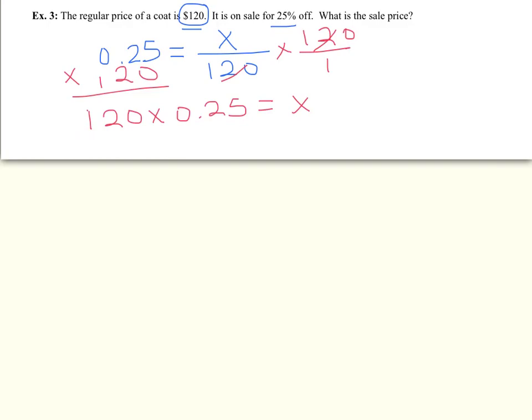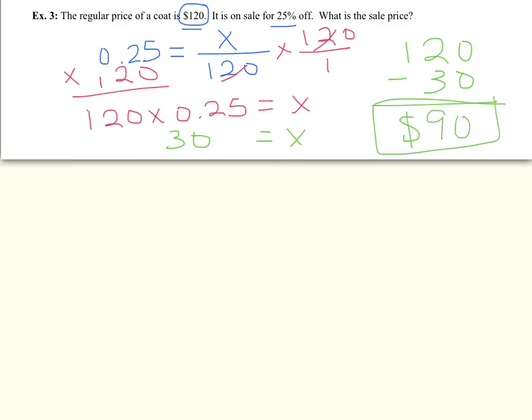So after I do that multiplying, 120 times my percent as a decimal, I get 30 is how much it changed. So if I started out with a $120 price and it goes down $30, that means we only have to pay $90. So that is what we call our sale price.